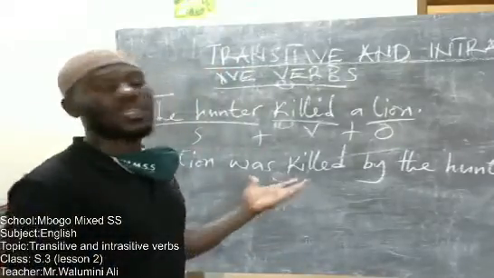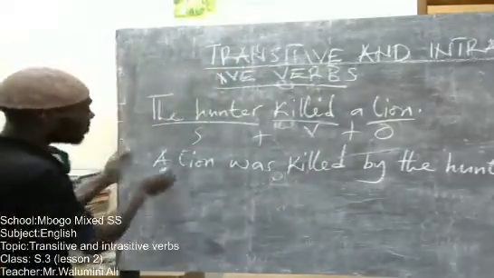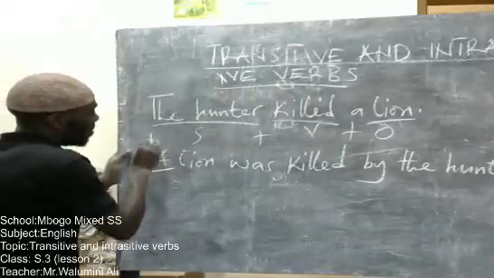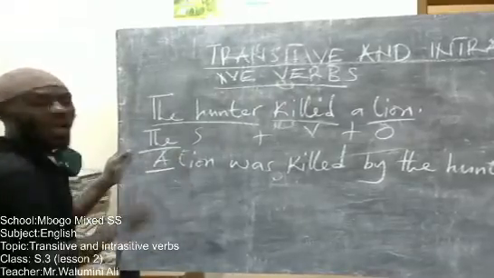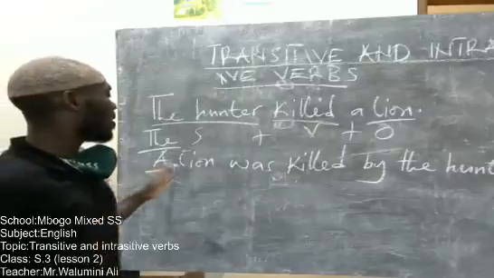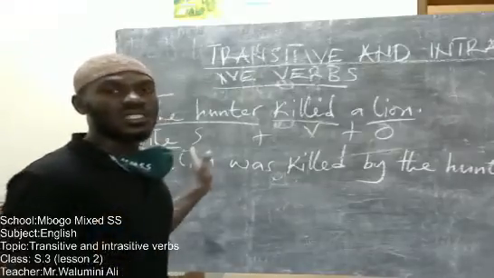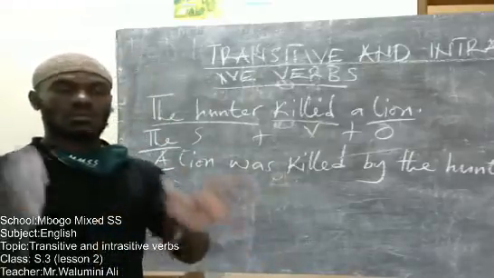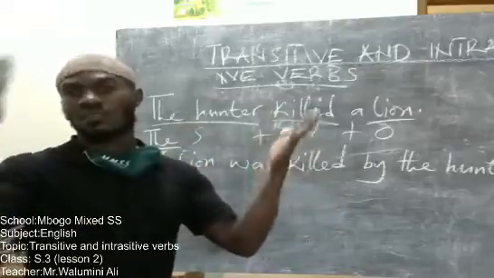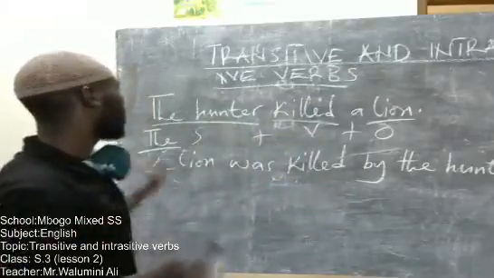A lion was killed by the hunter. In fact, here you can even change this and use the, because we only use this article for something that is not specified. But now the lion we're talking about is the one that was killed. But this is also fine.